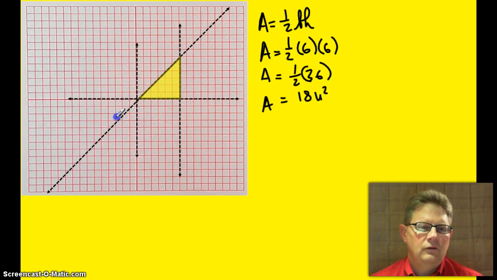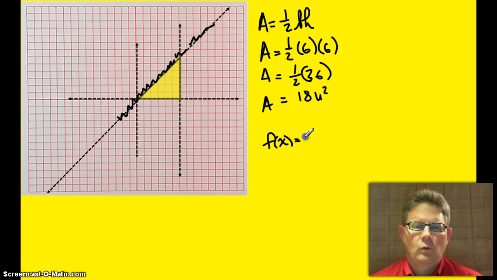Okay, this right here is the curve under which we are integrating. What is the f of x there? What is the function? That function is y equals x. That's just the line y equals x. So we are integrating from 0 to 6 of x dx.